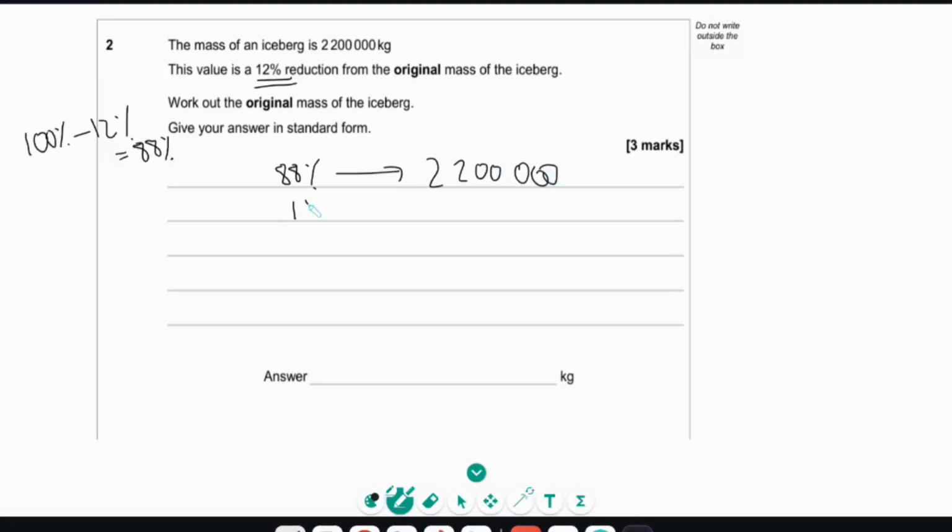So I'm going to work out 100%, the original. I'm going to get 1% first by dividing this amount by 88. So 2,200,000 divided by 88 is 25,000. That's 1%. I'm going to times it by 100 to get 100%.